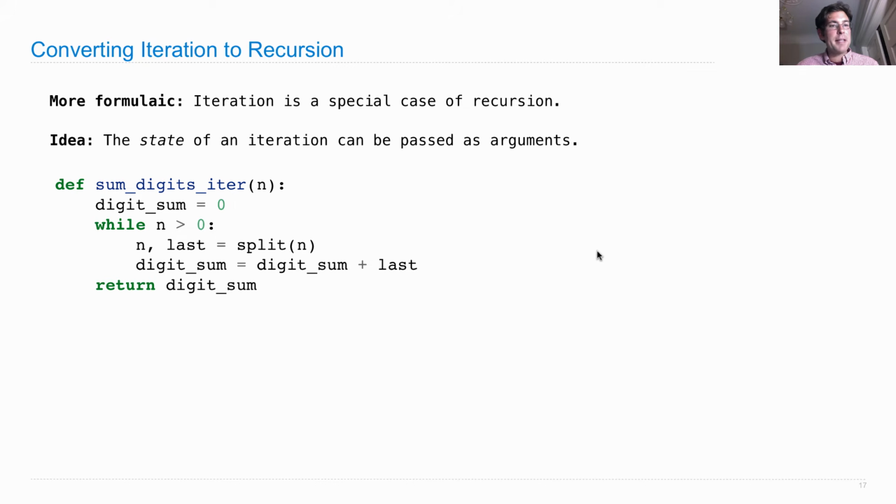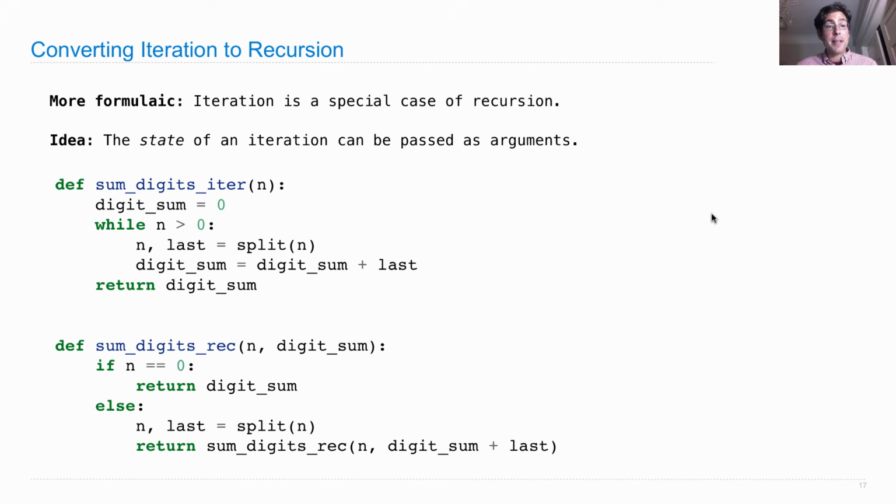And the state that's maintained across each pass through the while suite here is n, which changes to be all but the last digit of n, and the digit_sum, which contains the partial sum of digits so far. So when we write a recursive version of the same thing, we pass in exactly that: n and the digit_sum so far.